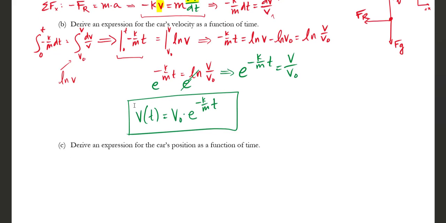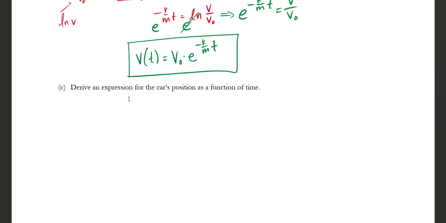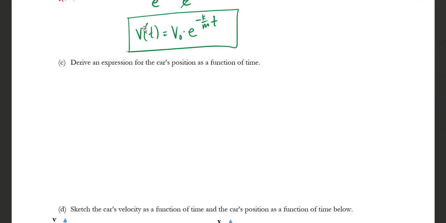It wants us to find an expression for the car's position. Well, we know that position is the integral of the velocity function. We have a velocity function now, so we can take the integral. So our position as a function of time is going to be the integral of our velocity as a function of time with respect to time.